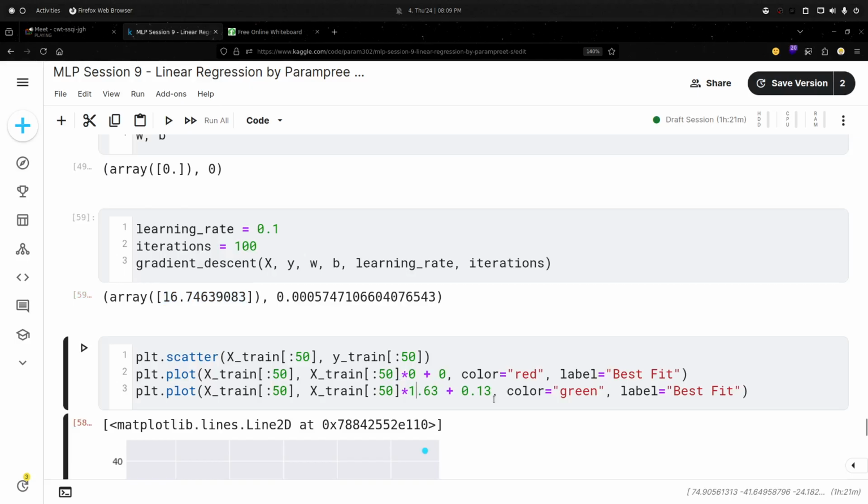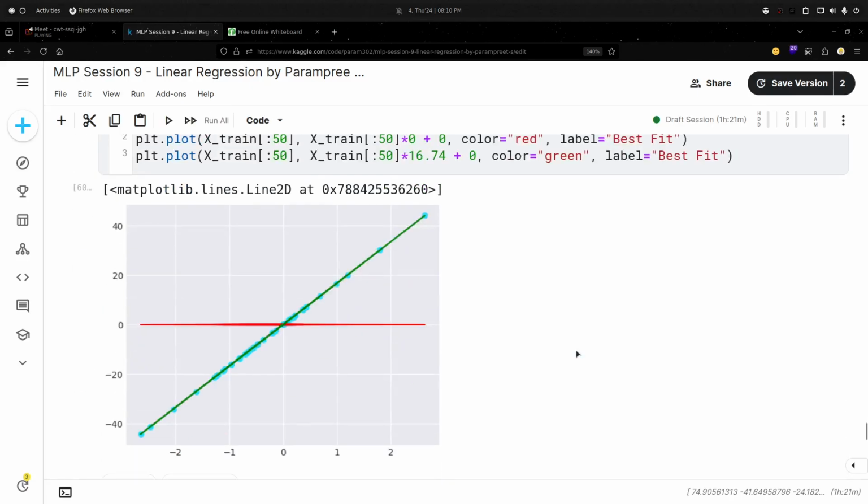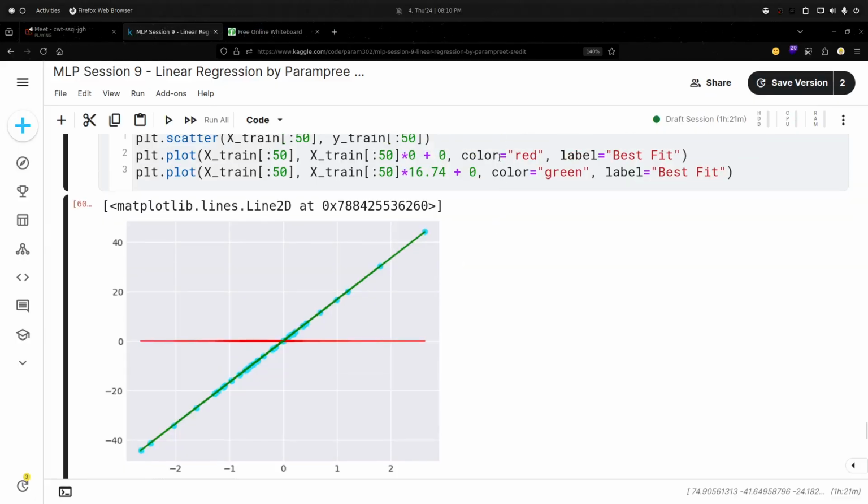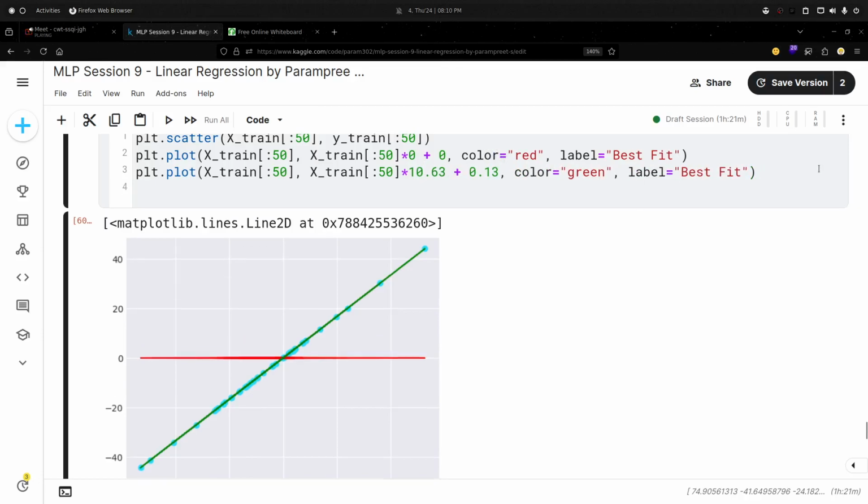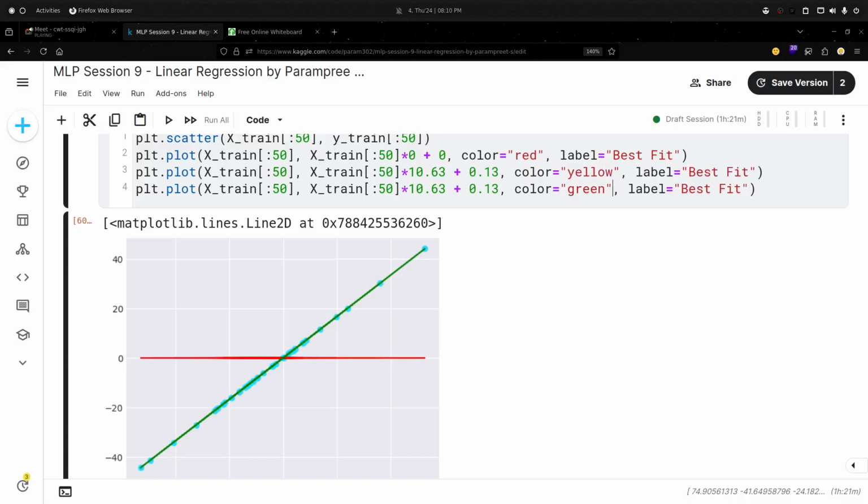So if I set it to this value, 74, and the bias I simply set to 0, and now if I run it, you can see this green line is completely accurate to the data. Earlier we had, let me copy this, let me set it as yellow, and this is green.